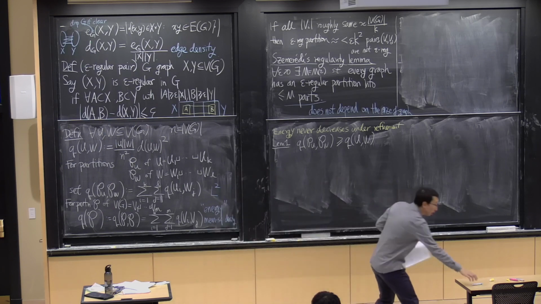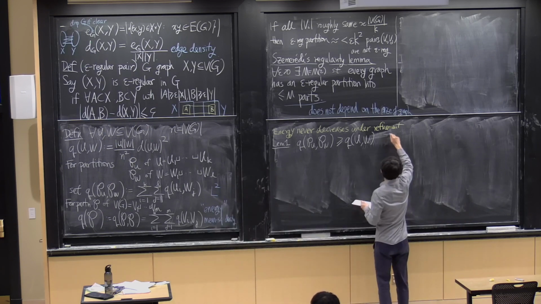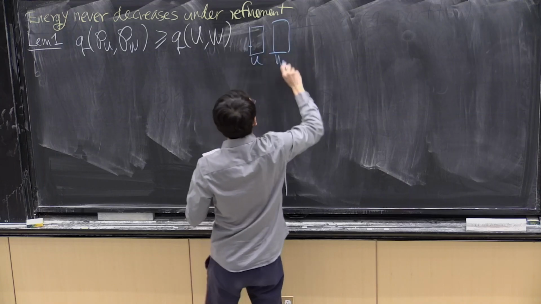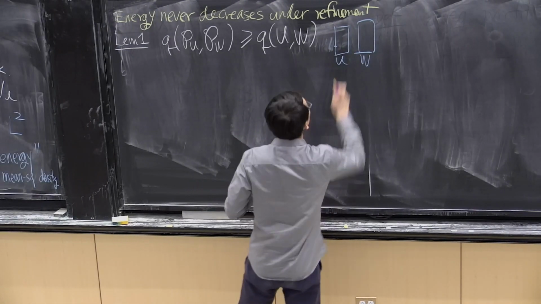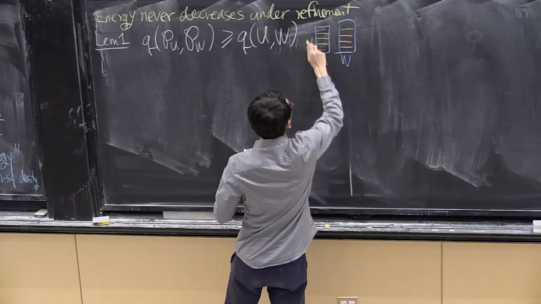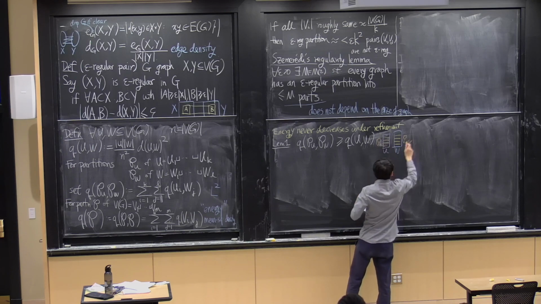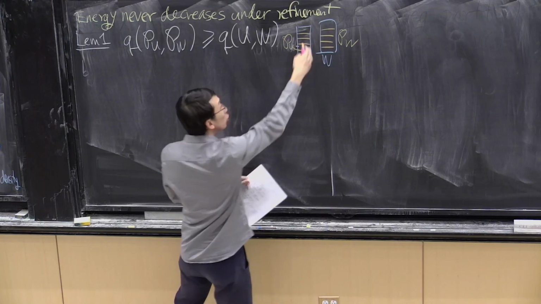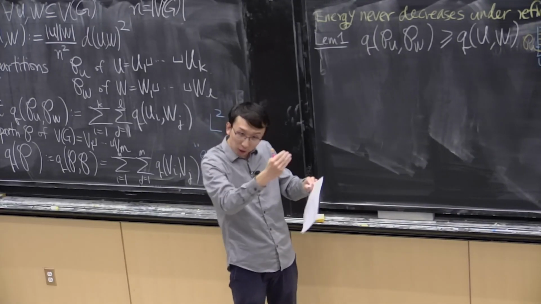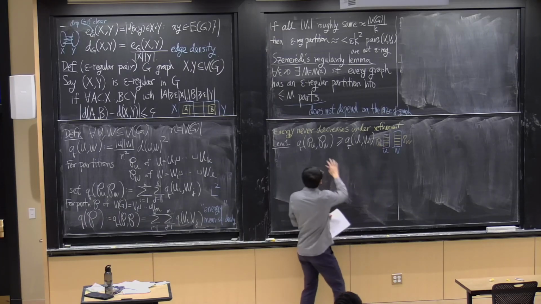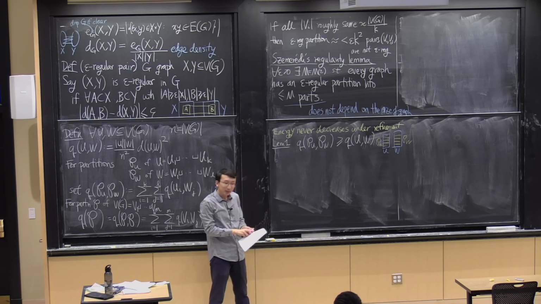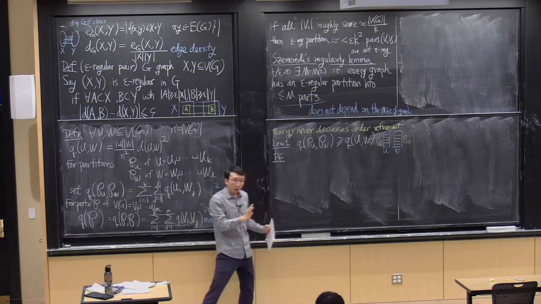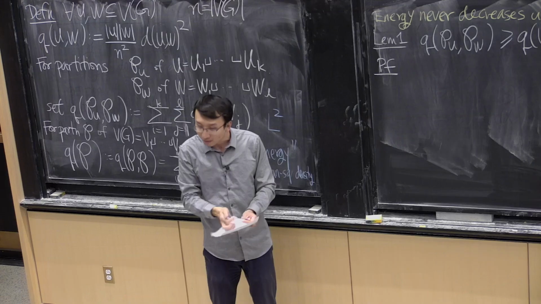So for instance, if you have U and W like that, and I partition them into PU and PW, and I measure the energy, just basically the squared density between U and W versus summing up the individual squared densities after the partition, the left side is always at least as great as the right side. Okay, so this is really a fairly simple claim about convexity.